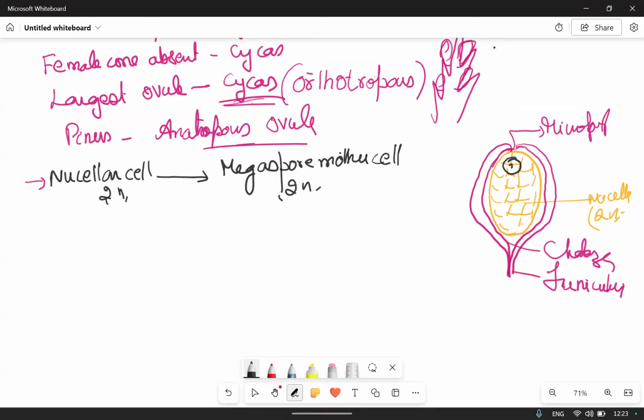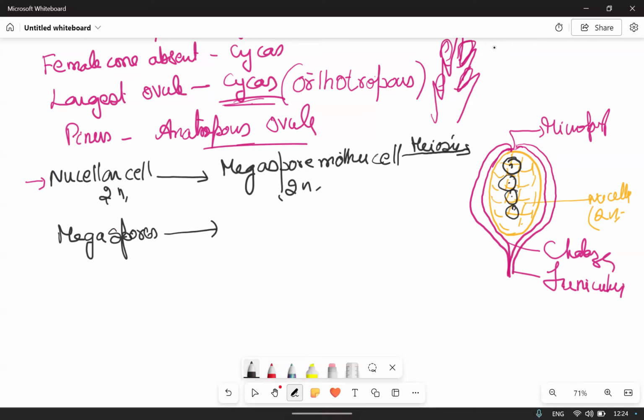The megaspore mother cell undergoes meiosis and forms megaspores. How many? 4. Same as in angiosperms. It forms 4 megaspores. These are the megaspores. 3 degenerate, only 1 is functional.